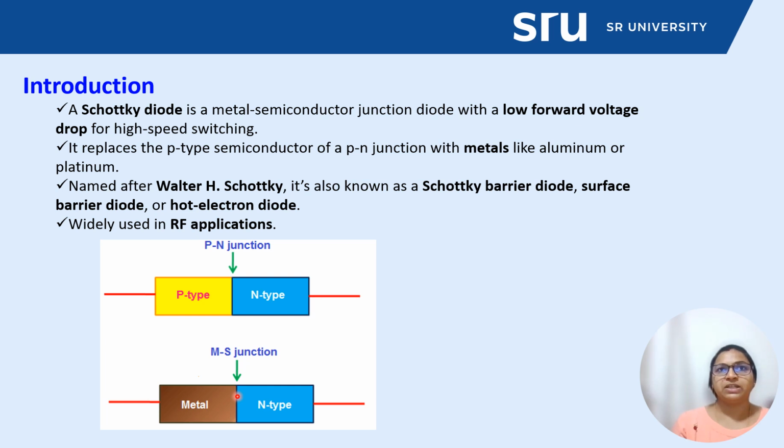So in the Schottky diode, the metal is made from aluminium or platinum in place of the P type. This diode is named after Walter H. Schottky.